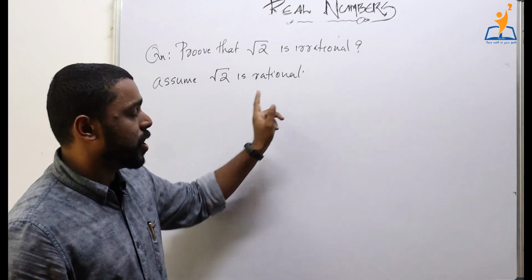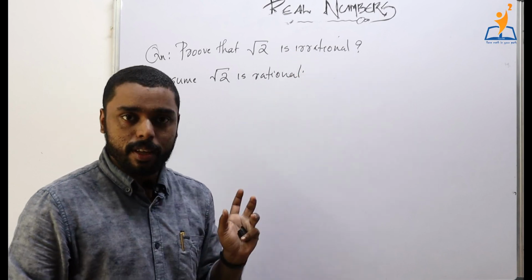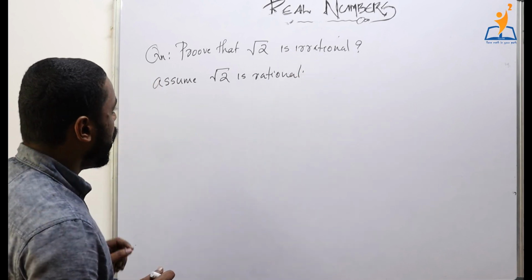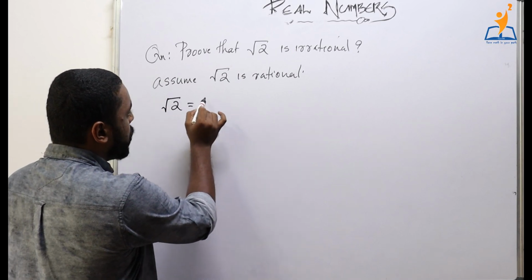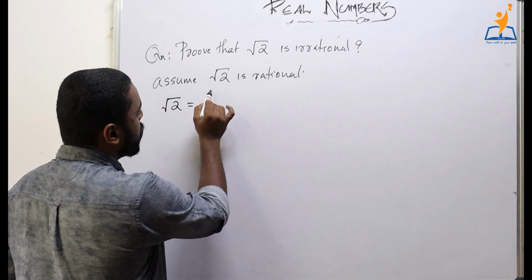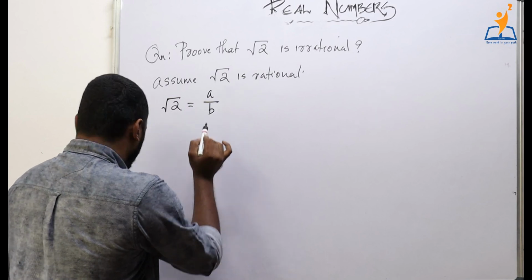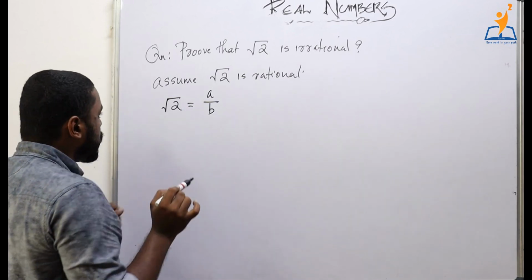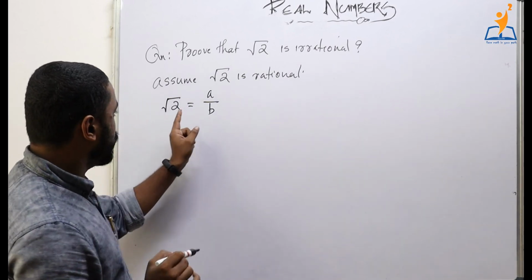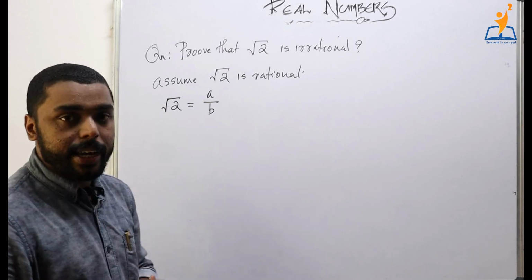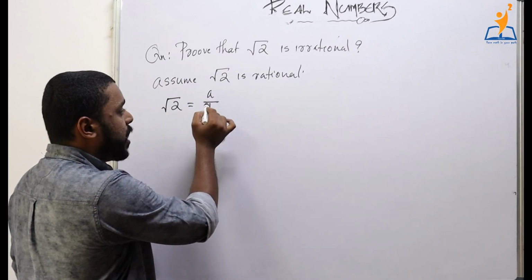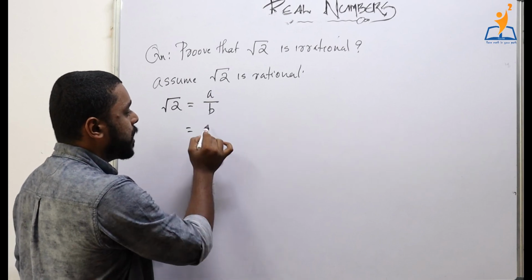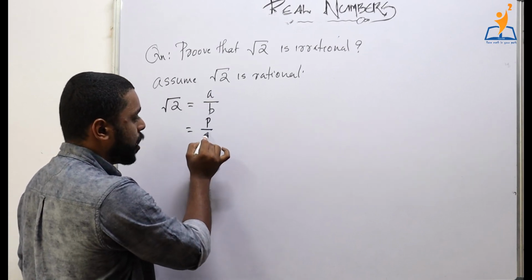If root 2 is rational is wrong, then root 2 must be irrational. Okay, assume that root 2 is rational. Then any rational number can be expressed in the form a by b. So root 2 can be expressed in the form a by b. And suppose that we cancel all the common terms and we get p by q.